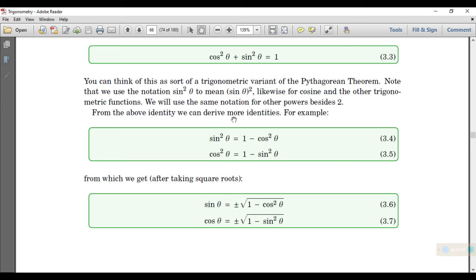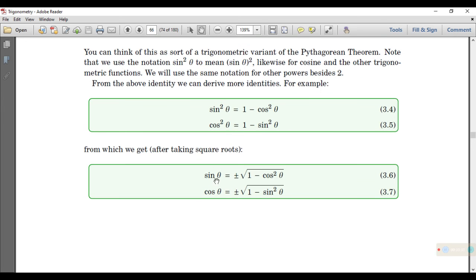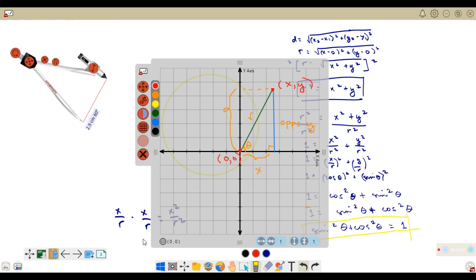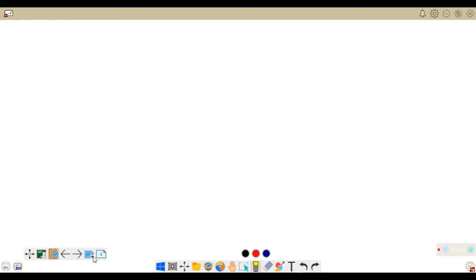And, kung ang hanap mo lang ay si sine theta, sige natin siya dito. We have sine squared theta plus cosine squared theta is equal to 1.